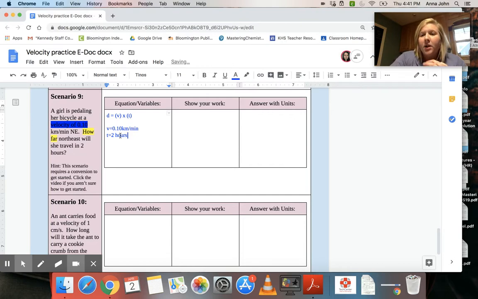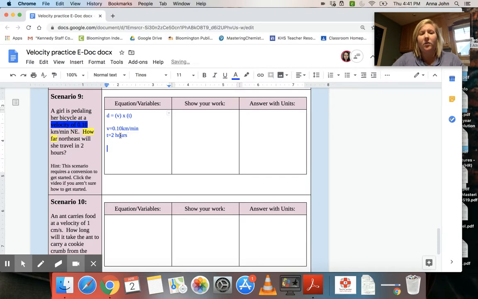Right away I notice that I have kilometers, minutes, and hours. Minutes and hours are not the same thing, so I need to make them the same. Since the minutes is combined with the kilometers, I'm going to change the 2 hours. What do I know about hours and minutes?